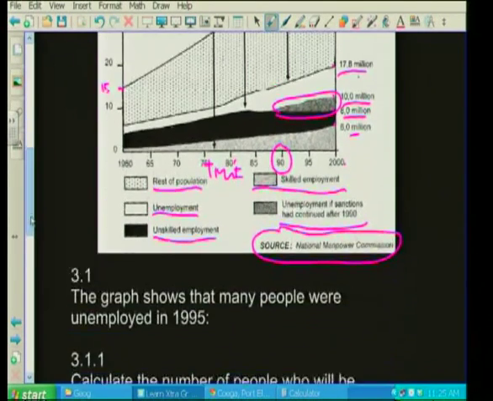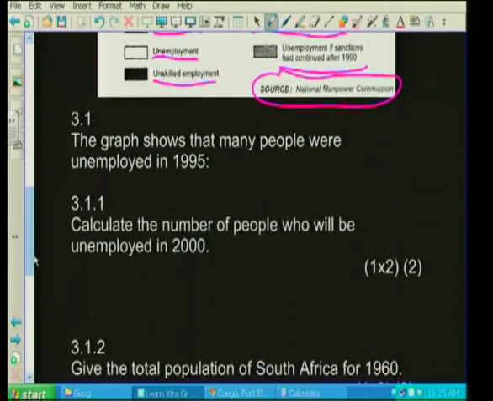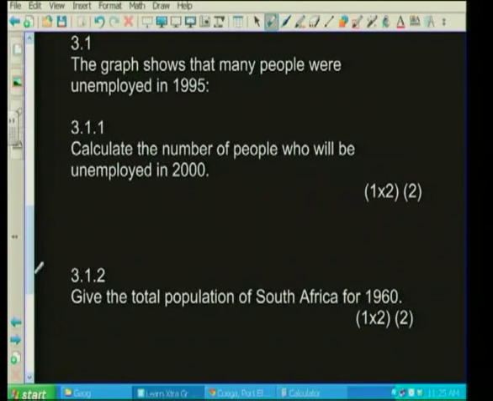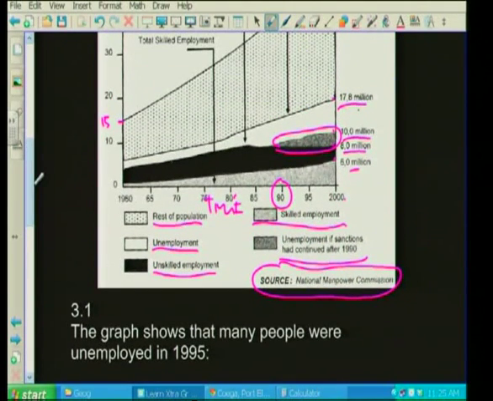Right, so let's look. What sorts of questions are they going to ask us about this graph? Number 1, 3.1. The graph shows that many people were unemployed in 1995. So let's go back and look. Here is 1995. If we look up onto the graph, horizontally speaking, vertical upward sort of trajectory, we can see there we talk about the unemployed people from there up to there, right?